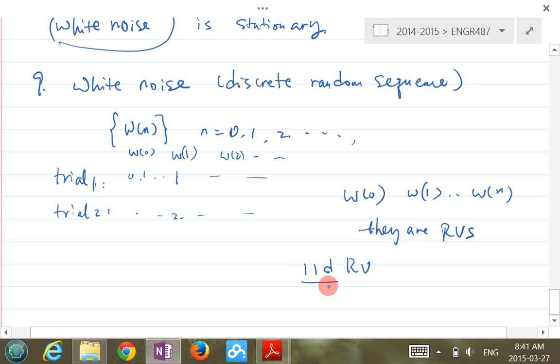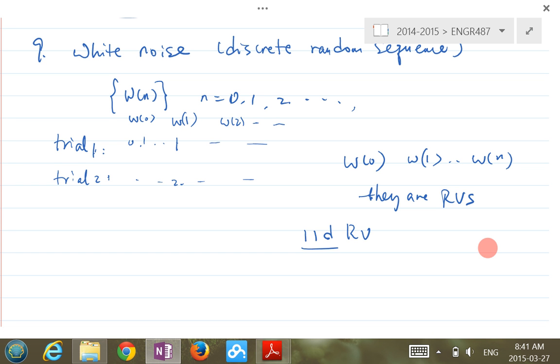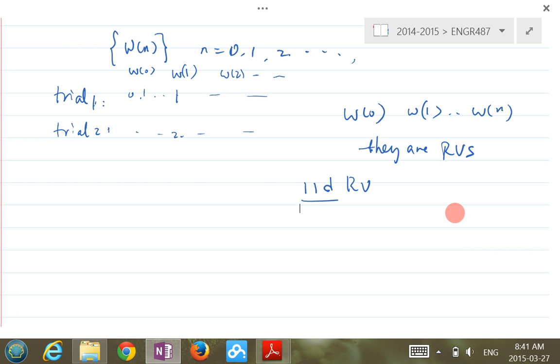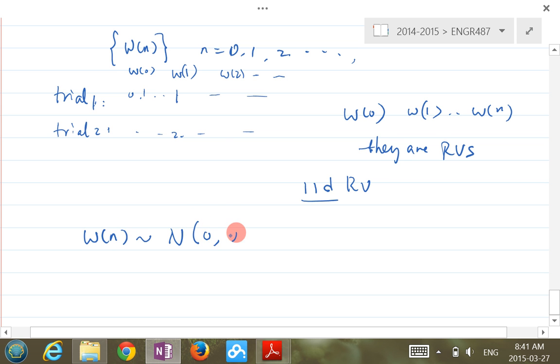Have you learned this concept? Anyway, all of them have the same statistical property. They all have a mean of 0, and they all have a variance of sigma squared.